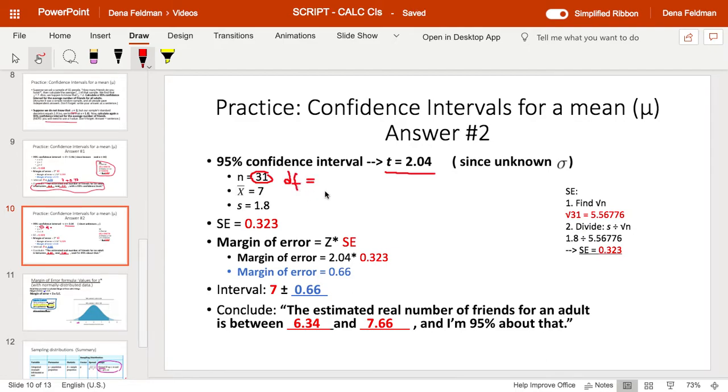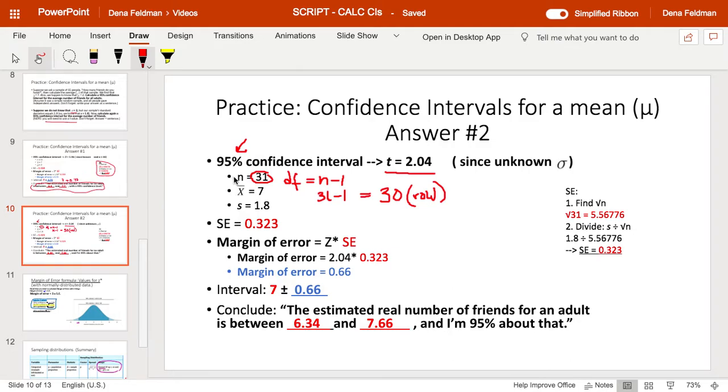This is the key idea. When I want a row for finding this t number, I have to subtract 1 from the sample size. This 31 minus 1, that 30, is the row that I'm going to use to find this t number. And then the column that I'm going to use is this 95%.